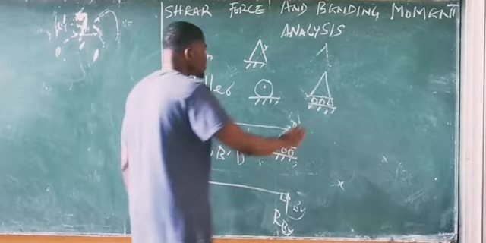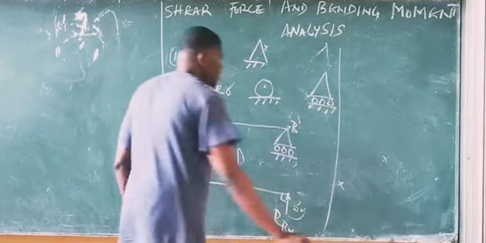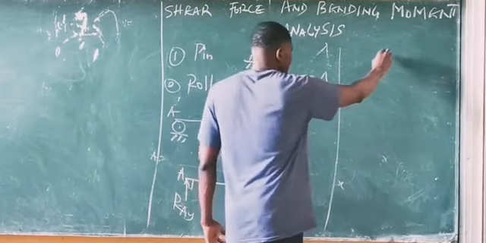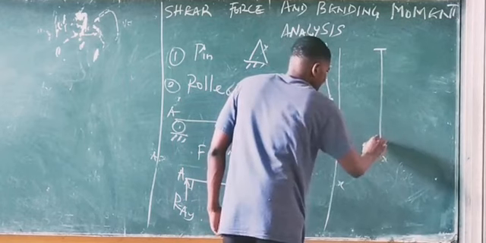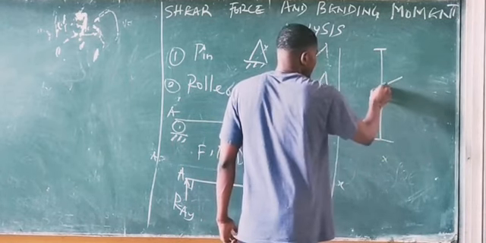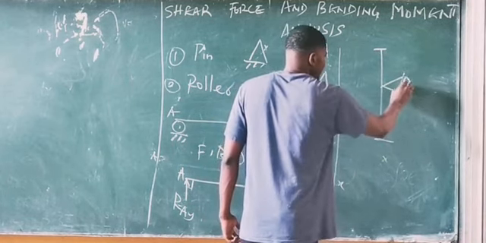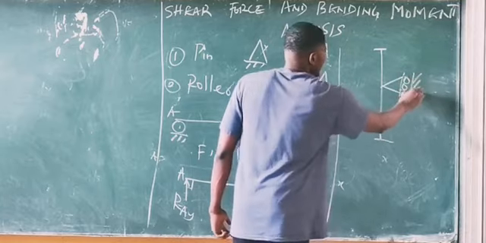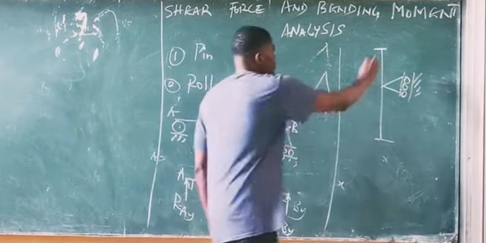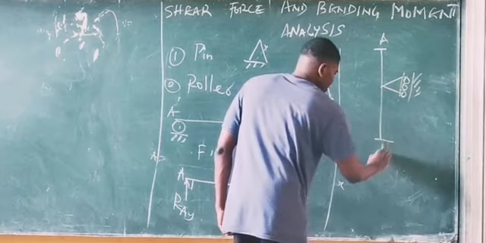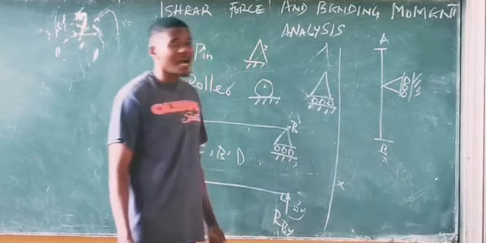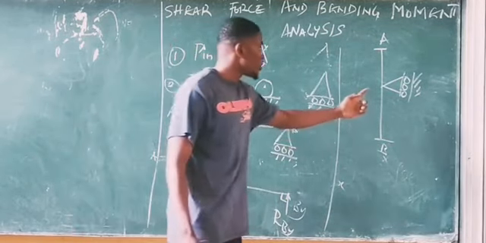Alright, so let's talk about situations where, let's say, we have a vertical beam. We have a vertical beam and then we have the roller acting on it. Now this is what's going to differentiate the roller from the pin. So we have this to be point A and point B, and we have this roller acting at the middle point of the beam.